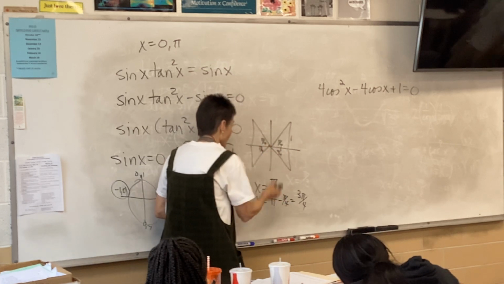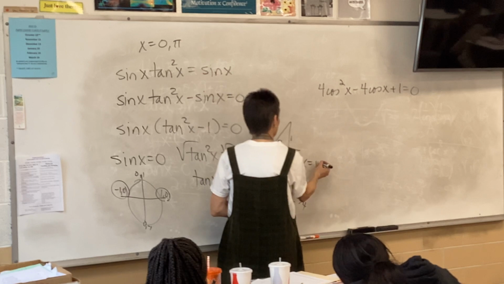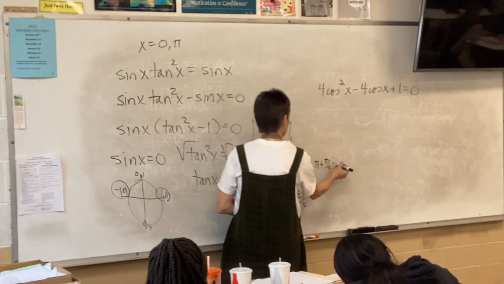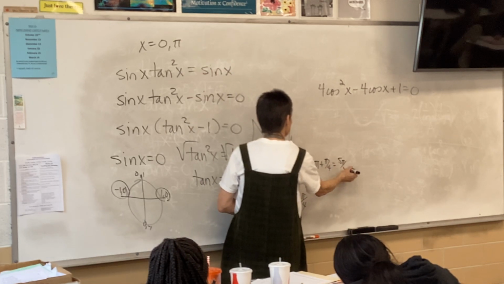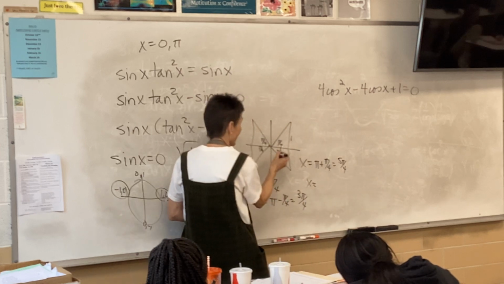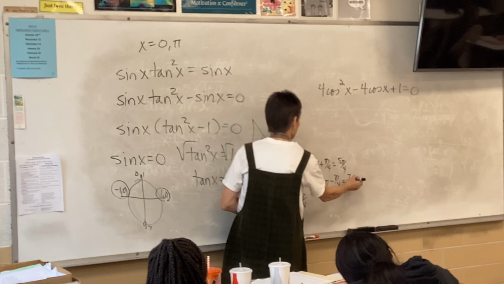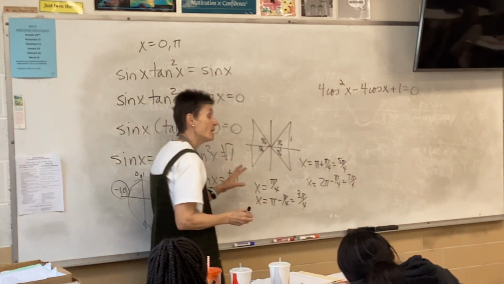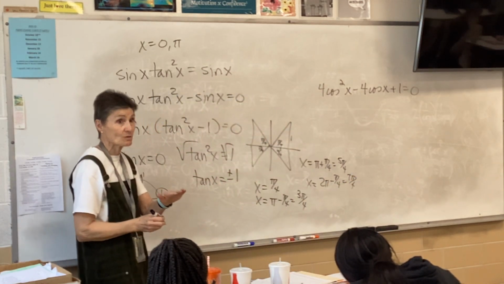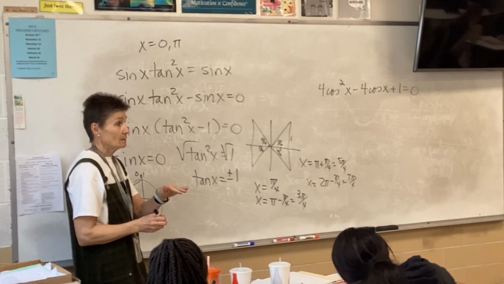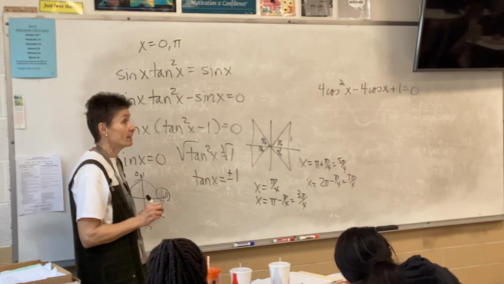What's the third quadrant angle? Pi plus pi over 4, so that's going to be 5 pi over 4. And then the fourth quadrant angle is 2 pi minus pi over 4, or 7 pi over 4. So this problem actually has 6 answers, right? 4 coming from there and 2 coming from here.